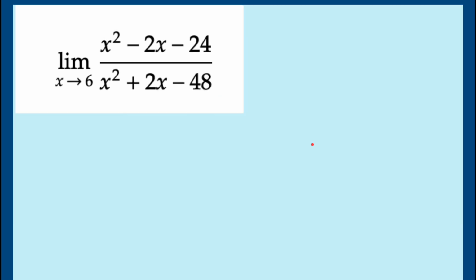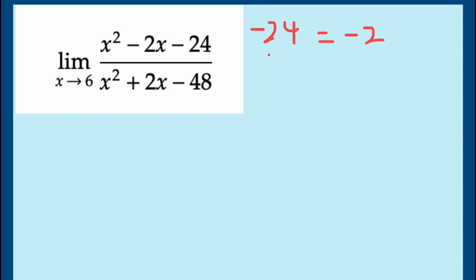Now let's take a look at a more complicated example, which requires us to factor both the numerator and the denominator. So we are given the limit as x approaches 6 of (x squared minus 2x minus 24) divided by (x squared plus 2x minus 48). So let's first start by factoring the numerator. So I know that I need to figure out what two numbers multiply up to -24 and add up to -2.